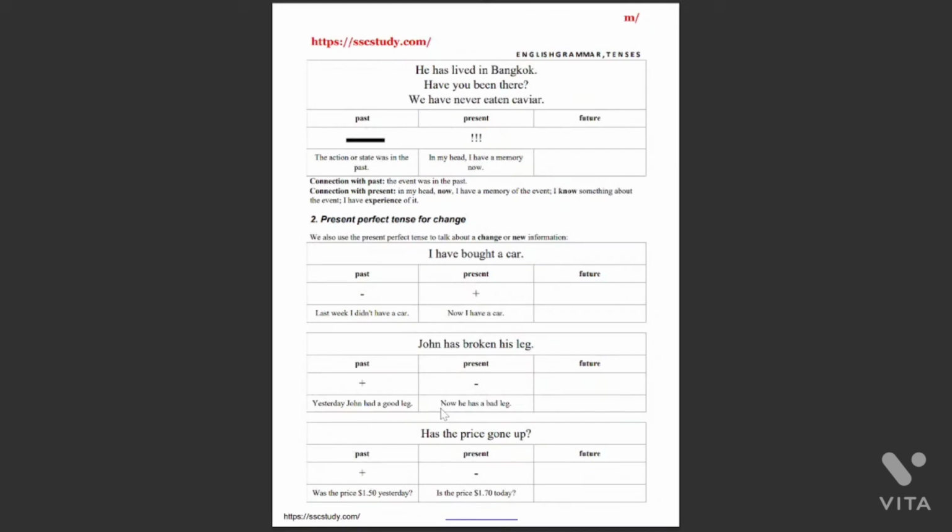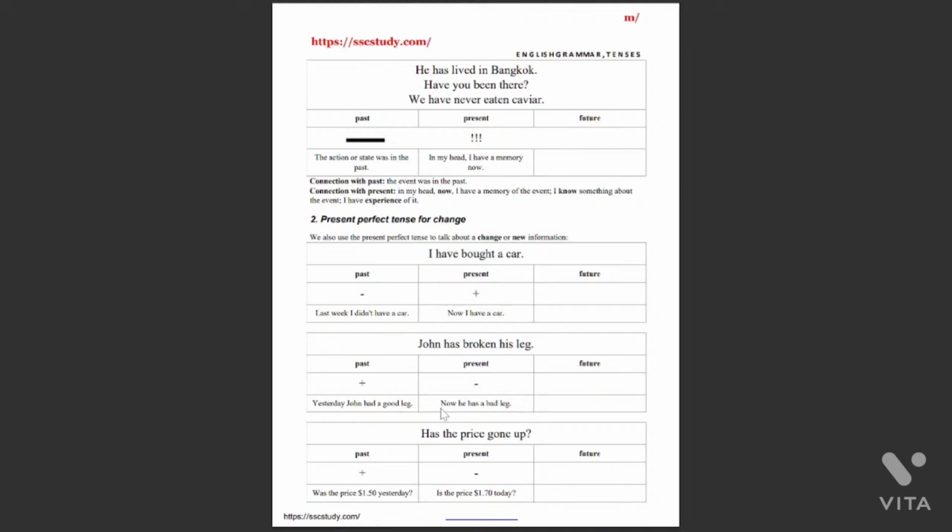So here we have a quiz part. He has lived in Bangkok. Have you been there? We have never eaten caviar. So these three sentences, are they for the past, present or future?